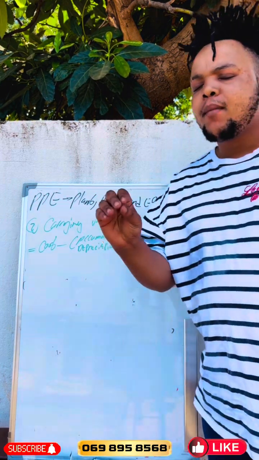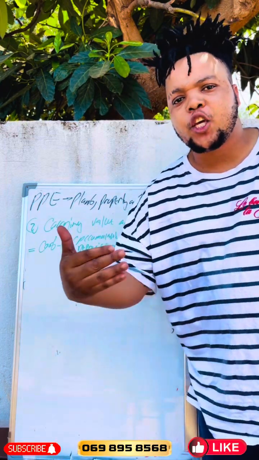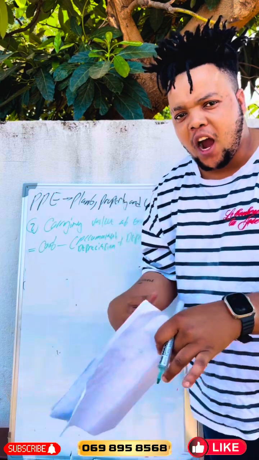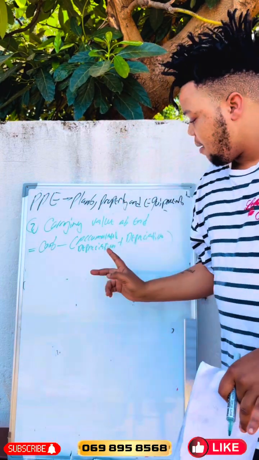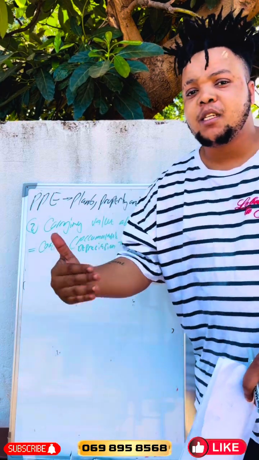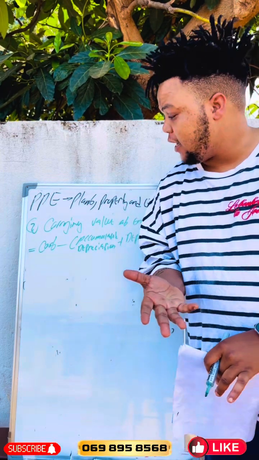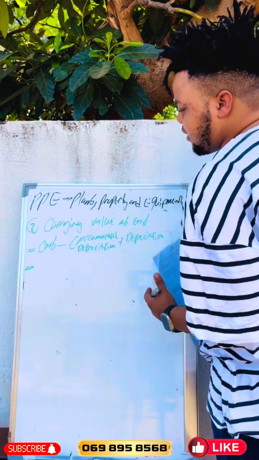So don't mix the depreciation and accumulated depreciation. Accumulated is the depreciation that has been accumulated for the previous years. But depreciation is the depreciation for the current year, which you already calculated. Then we are going to say, how much is the cost for this item?